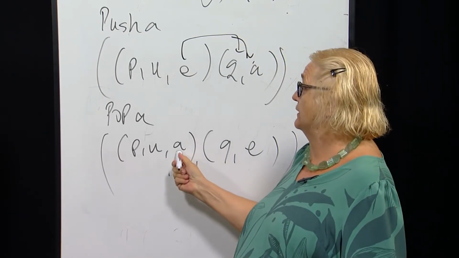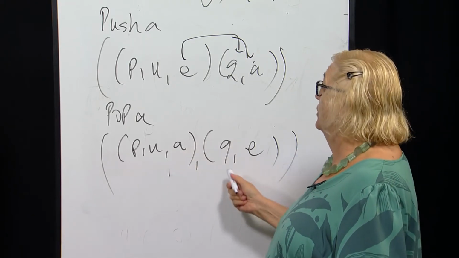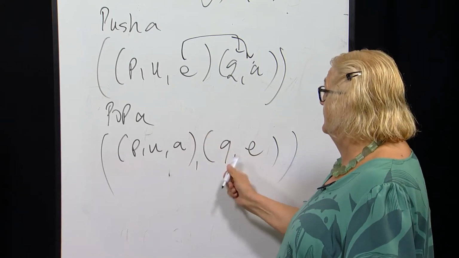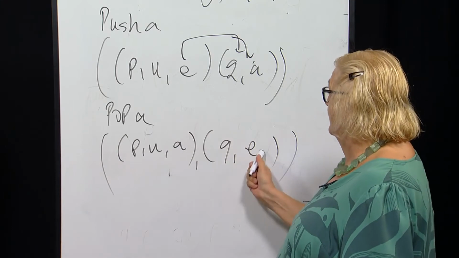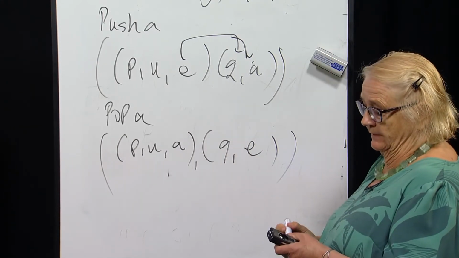Here you read u in state P, A is on the top of the stack, you pop A, which means you erase A from the top of the stack.